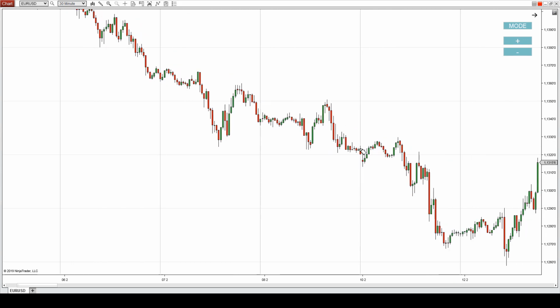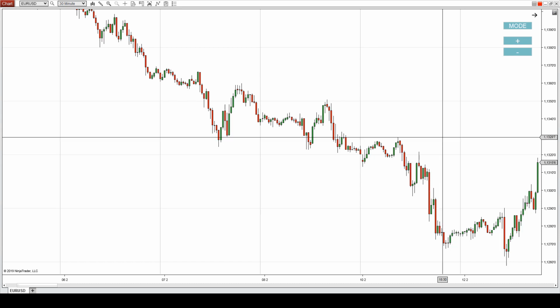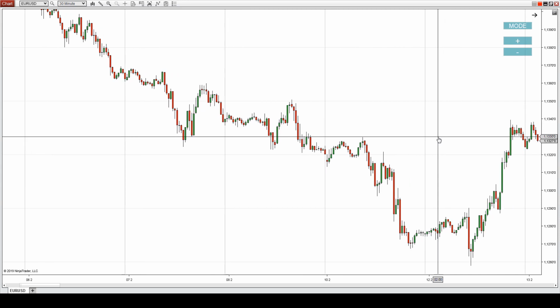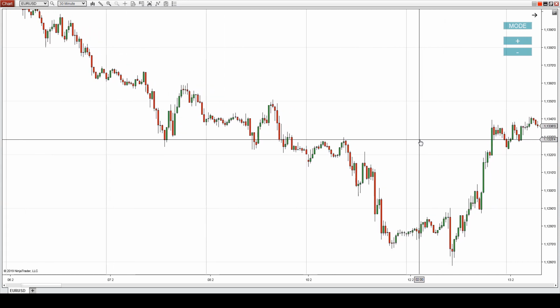And then, after this selling activity, there was an aggressive rejection of lower prices, which indicates that the downtrend could be over and there could be a rotation or a change of trend. As you can see, there was a change of trend after the rejection.